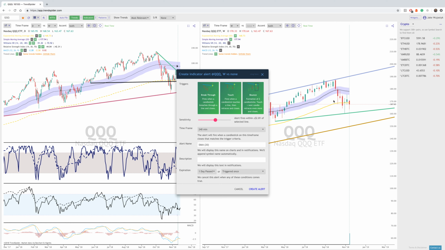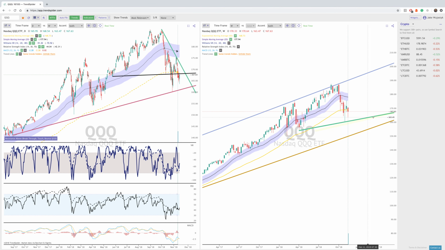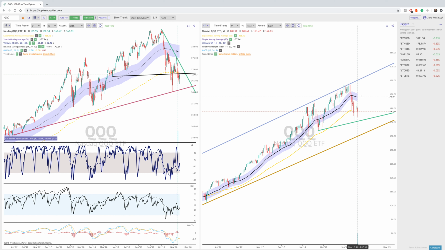Pretty much anytime that the price touches anywhere in this purple area and closes in the 10-minute candle in this area, we will be alerted. We can do resistance above, 7 days passed, or trigger 3 times is when this would expire. We'll create the alert, and now we will be alerted if the price gets anywhere in this purple area.